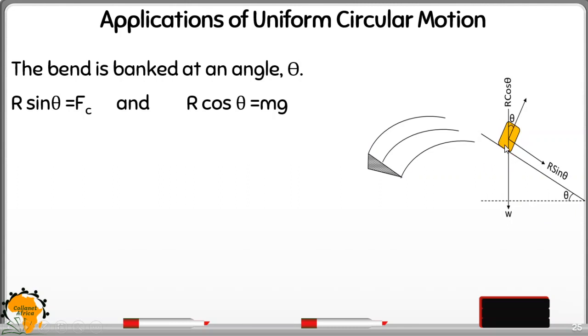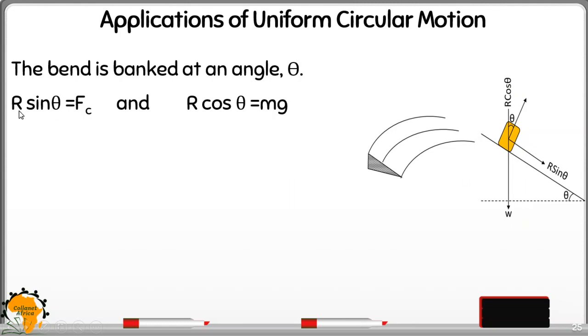So we have our car here. The banking angle is theta, so the force that is acting towards the center is R sine theta, and the force that is acting upward is R cos theta. Remember, we are considering this angle, and this is our weight, that is the weight of the car.